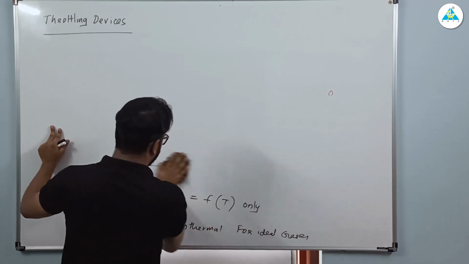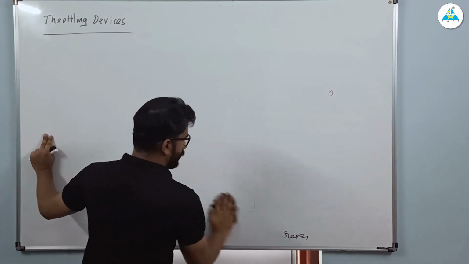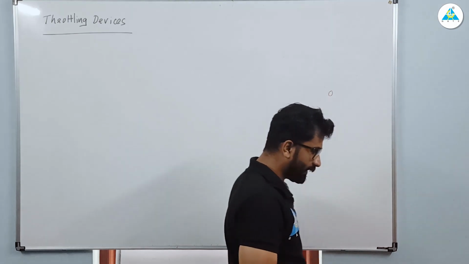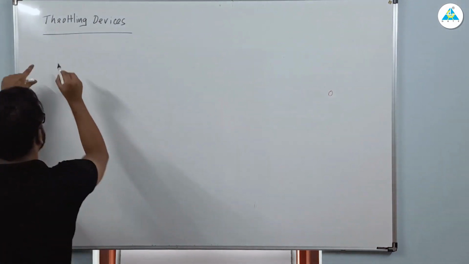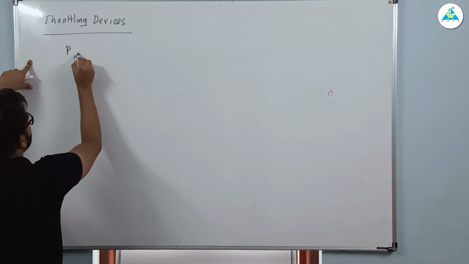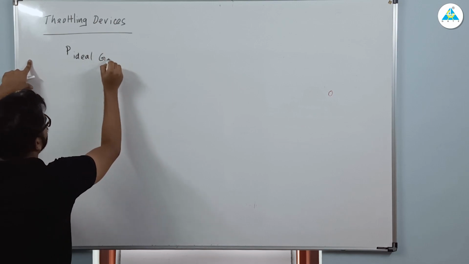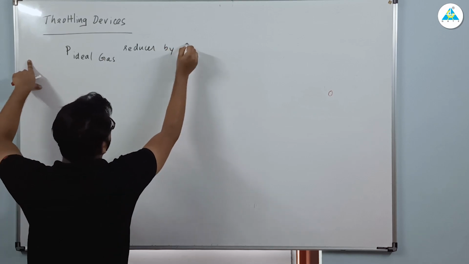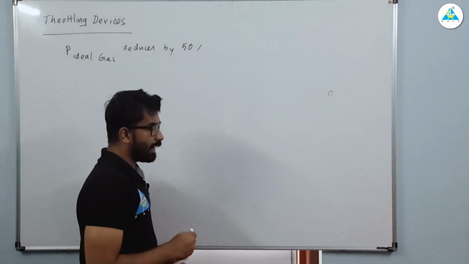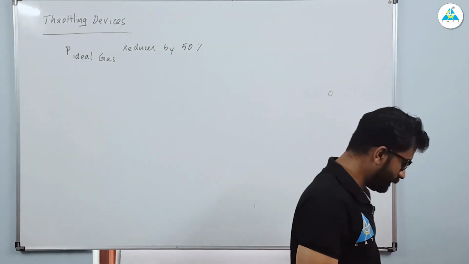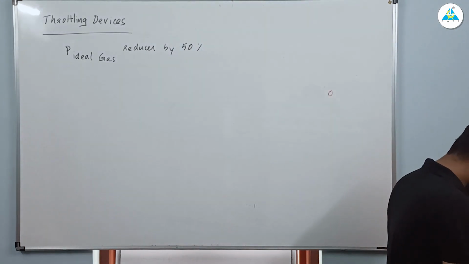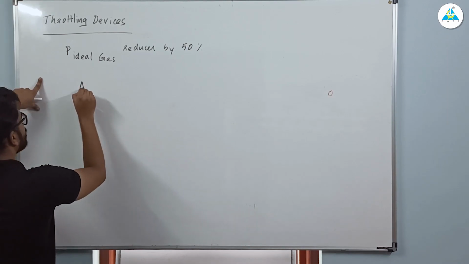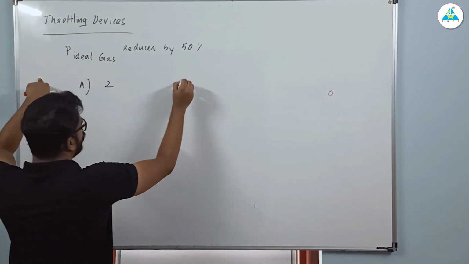So throttling is given, right? Once again I will read the question. In throttling process, the pressure of an ideal gas reduces by 50%, and they have given gamma is Cp by Cv. Now, the specific volume will change by a factor of. Option A is a factor of 2.